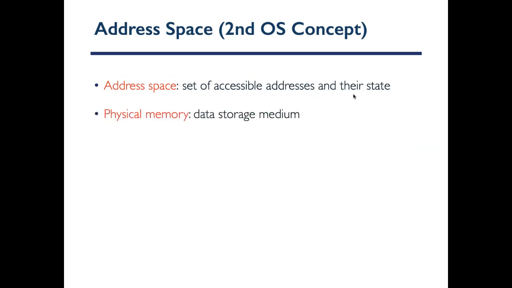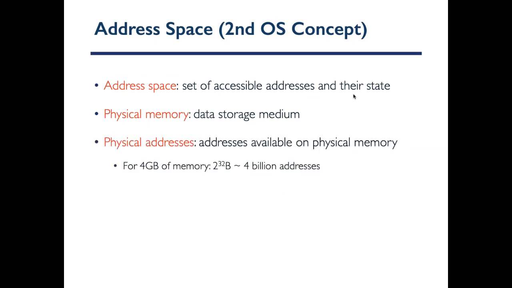Now don't mix this up with your physical memory. Physical memory is basically a data storage medium that we call DRAM. That's your physical memory. That's not an address space. Now for your physical memory, you have physical addresses. Every byte inside your physical memory is addressable.